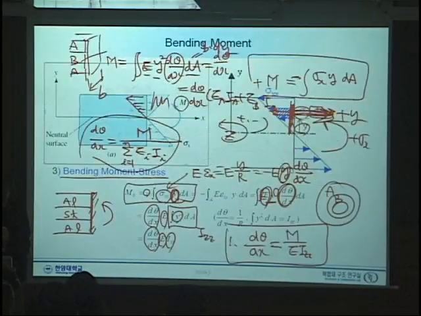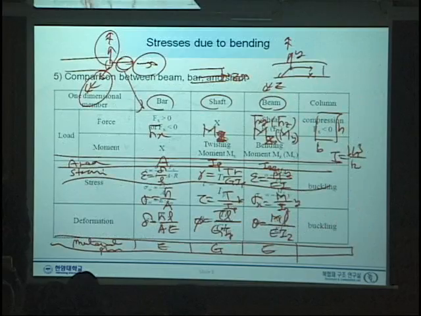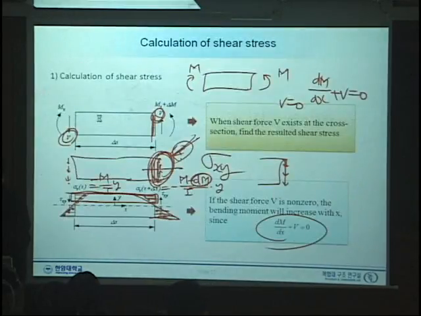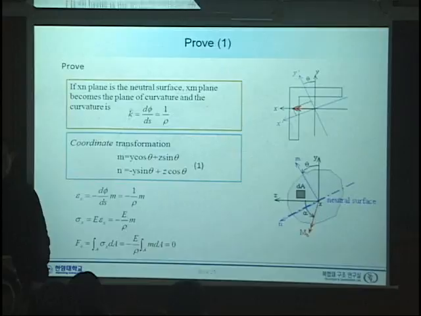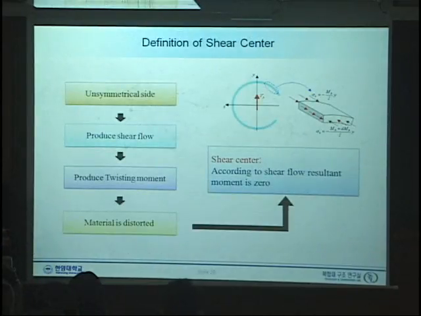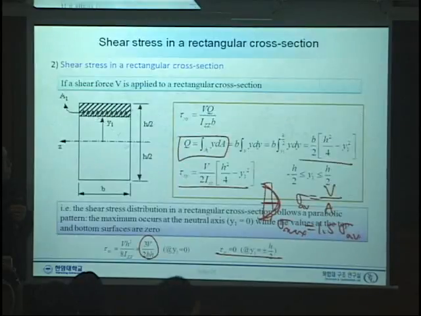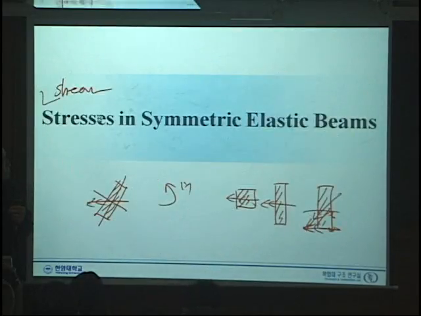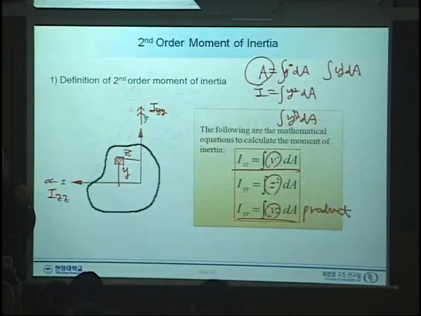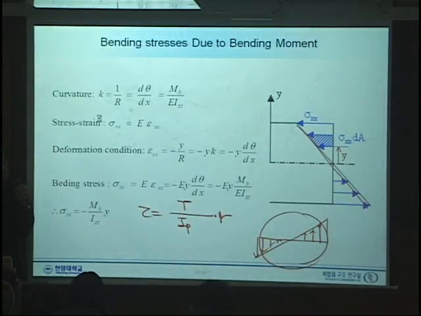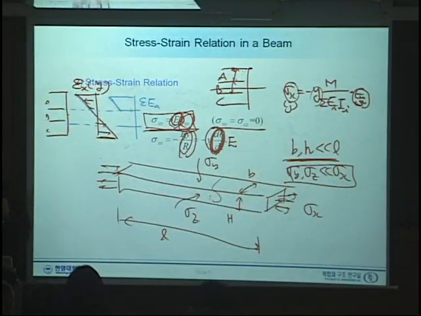Now, from here to there, within this layer, we have a strain, and what material property do we need to multiply?